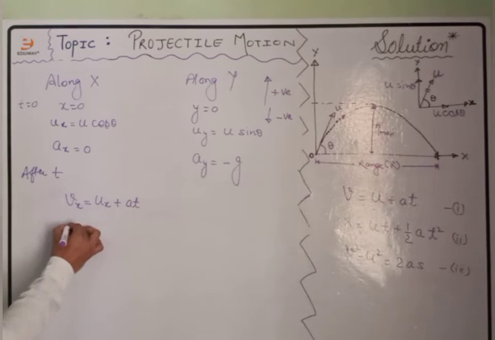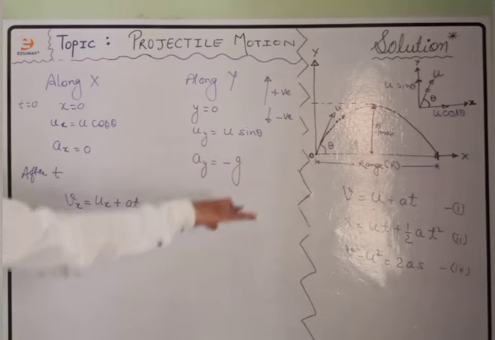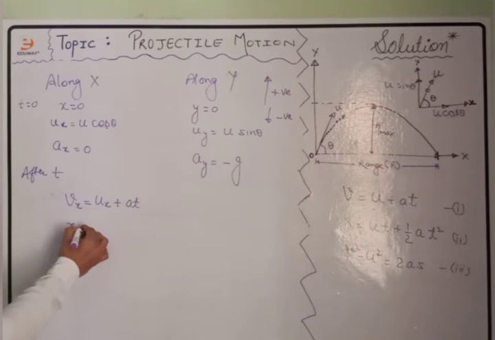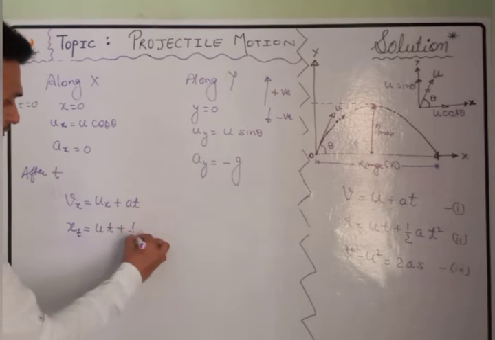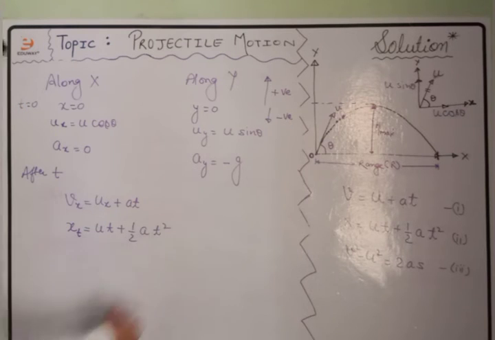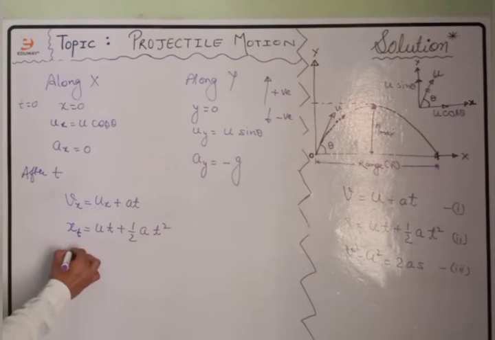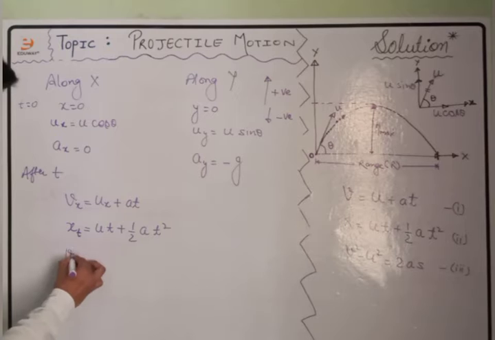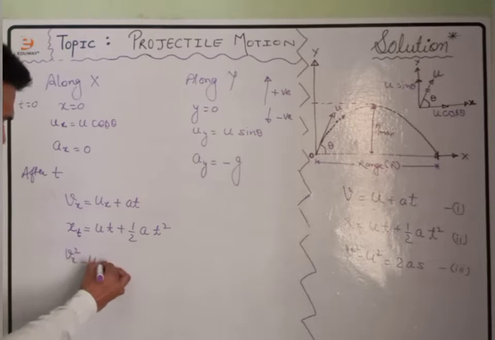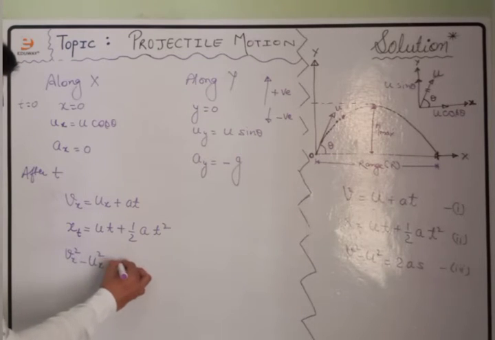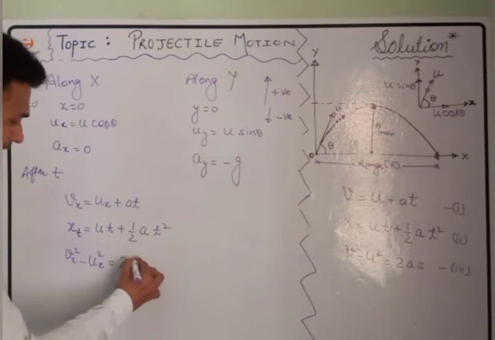Similarly, the displacement x at some time t equals ux t plus half ax t square. And vx square minus ux square equals 2 ax x.